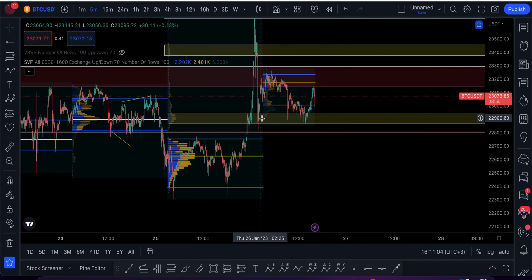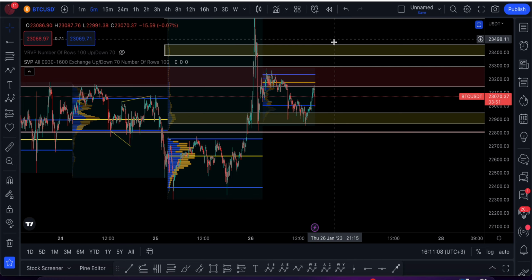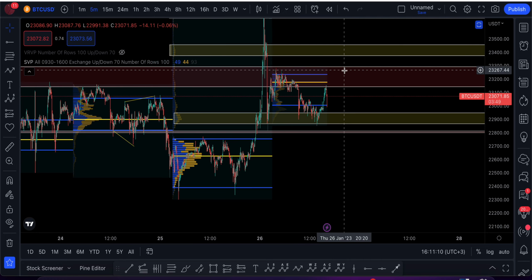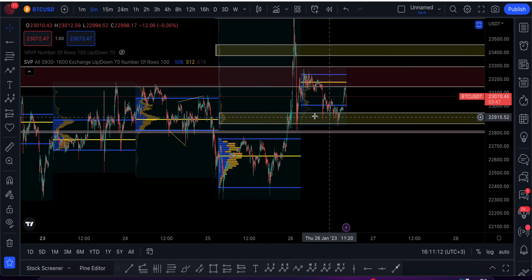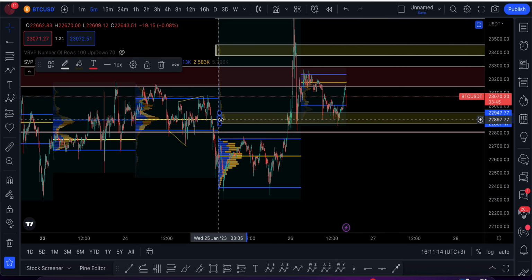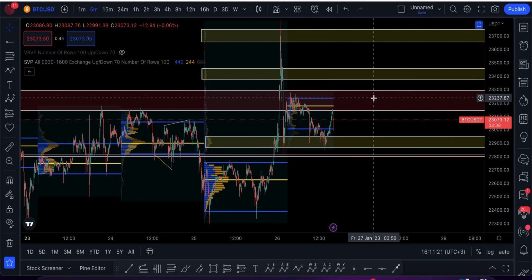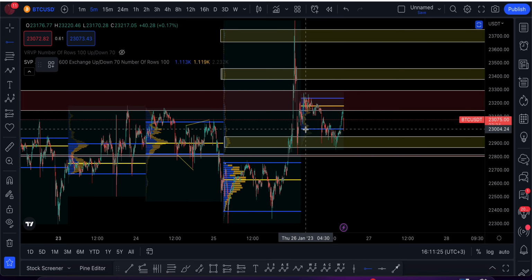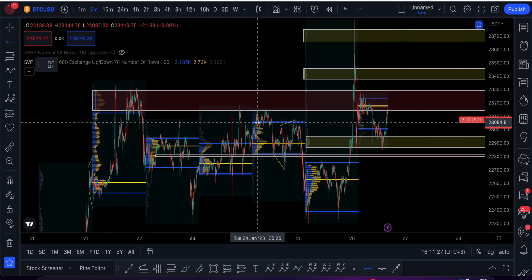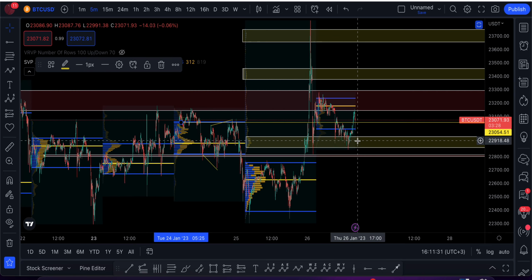So this area should hold. If it holds, then I'll be expecting some more price action to the upside. So keep an eye. If we lose this, we might go down. If we stay above this, then I'll be expecting price to continue higher. Then we also have these levels, for example, let me mark them. So we also have this value area high, the yellow.